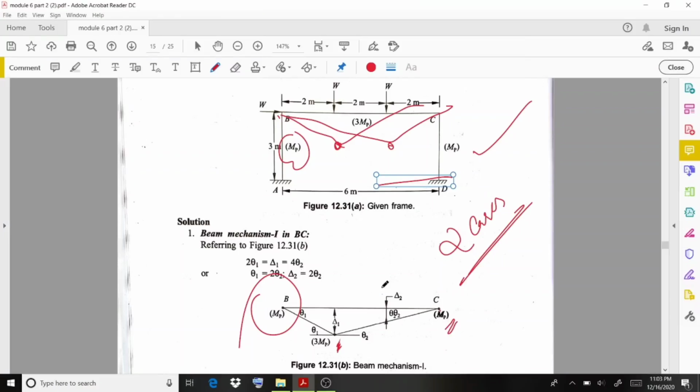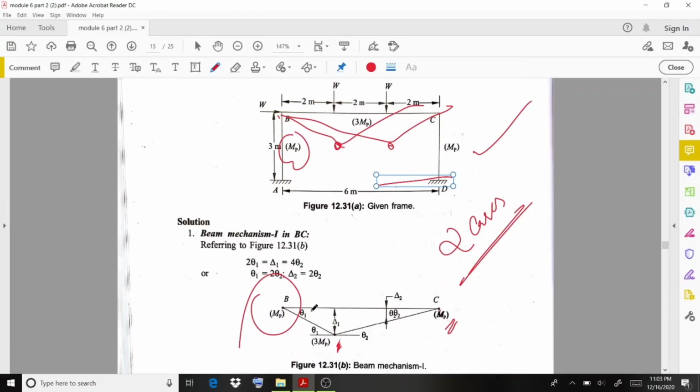If this W is acting, then the deflection is going to happen at this point, delta 1, and under this it is going to be delta 2. The angles are represented as theta 1 and theta 2.